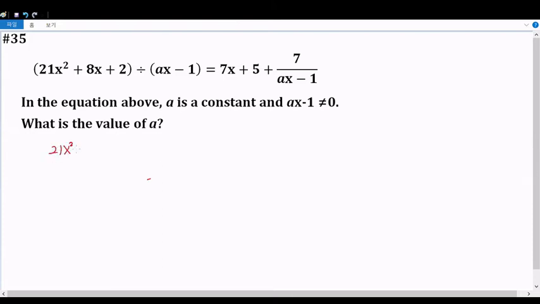(21x squared plus 8x plus 2) divided by (ax minus 1) can be written as a fraction, and that's equal to 7x plus 5 plus 7 over (ax minus 1).